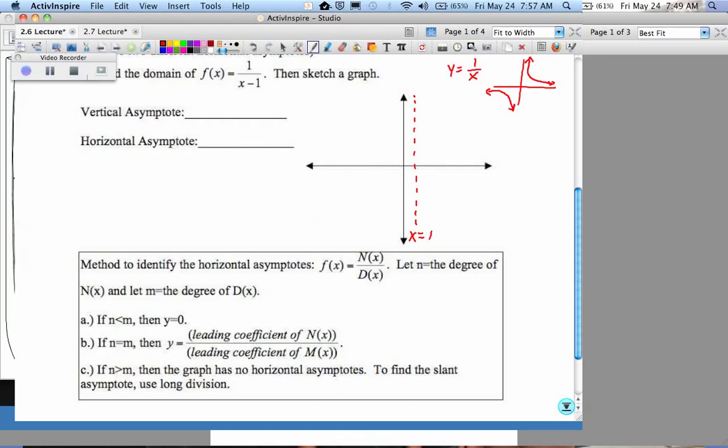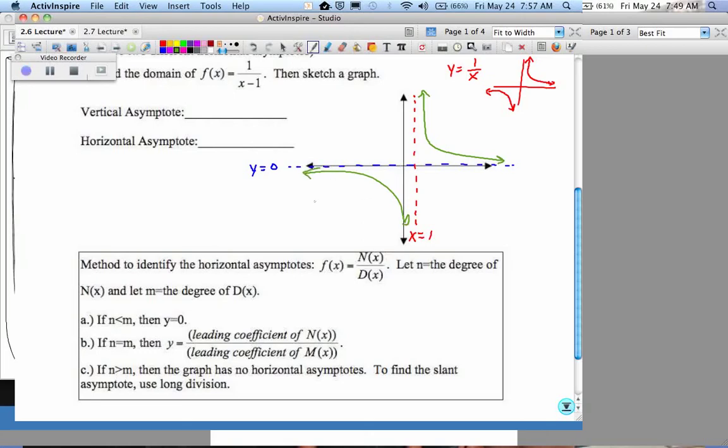My horizontal will not move at all, so that will still be here at a height of 0, so y equals 0. And then the graph would sit in this corner, in this corner.